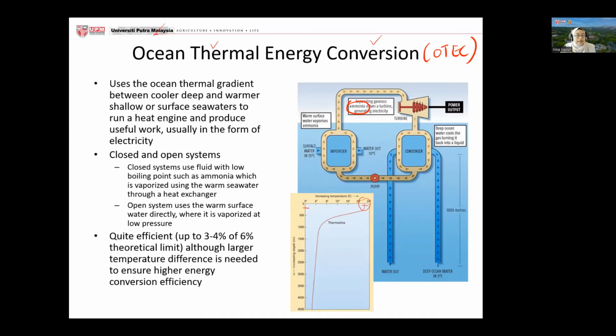This will allow the ammonia to be vaporized because it's warmer. The ammonia, which was in liquid form, will be vaporized, and then this vapor will turn the turbine, and it generates electricity.